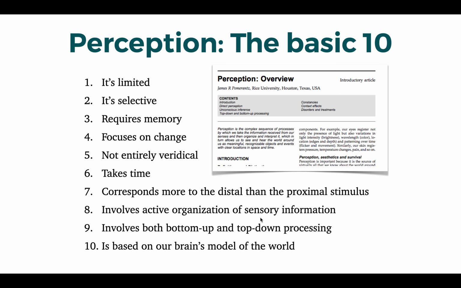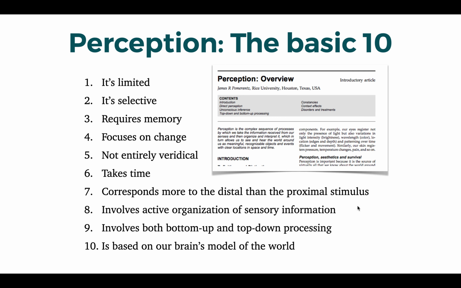We actively organize those clues, and those clues tell us that those are tables that exist in 3 dimensions, and because of the way the tables are drawn, they can't possibly have the same tabletop shape, right? So that's how points 7 and 8 are linked, right? We actively organize information, which leads to a different interpretation of the environment, which corresponds more to the distal than the proximal stimulus. Okay? Just a little bit of wink, wink, nudge, nudge there.